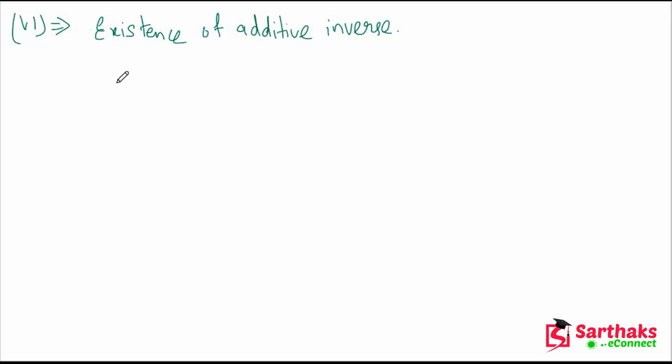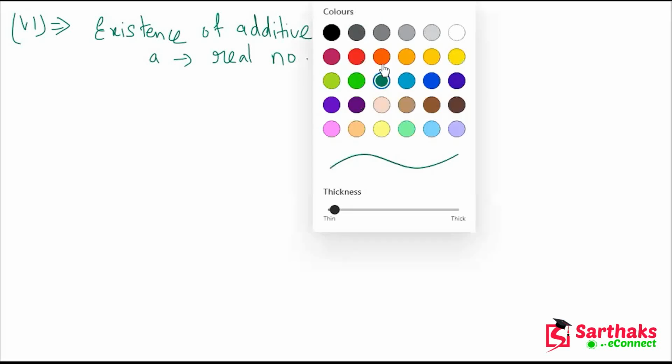If we have a as a real number, and we add a number to a which gives the result 0, that number is called the additive inverse.